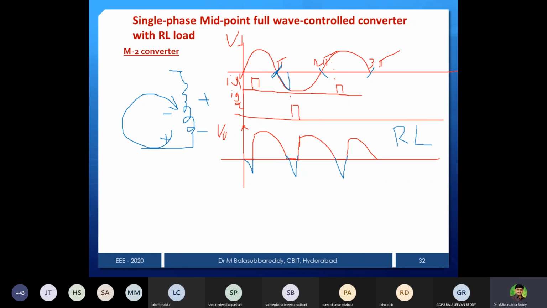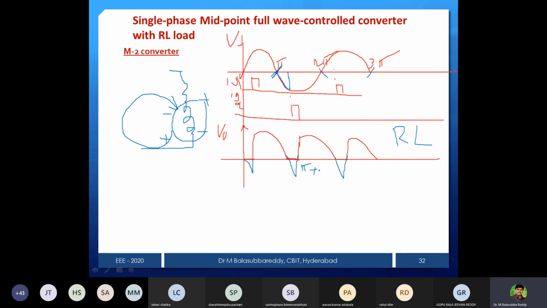For RL load, the device will not turn off at pi, because some energy is stored in the inductor. So due to this energy, the device will continue to conduct for some more time. What is that some more time? It means that if the inductor used in the circuit is large, it will continue to conduct up to pi plus alpha.